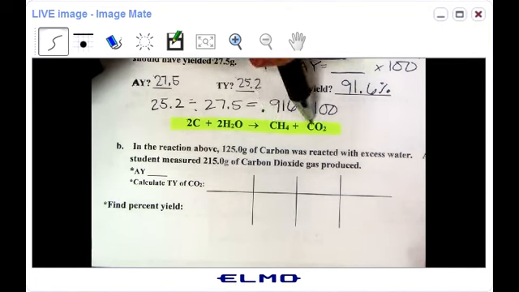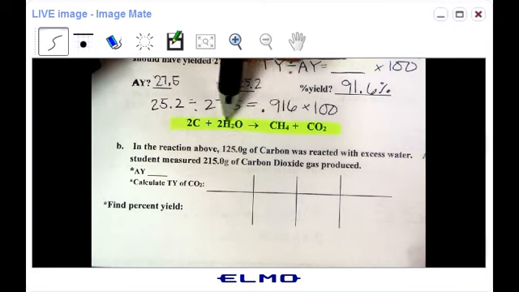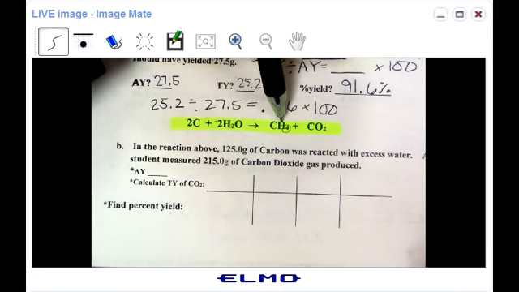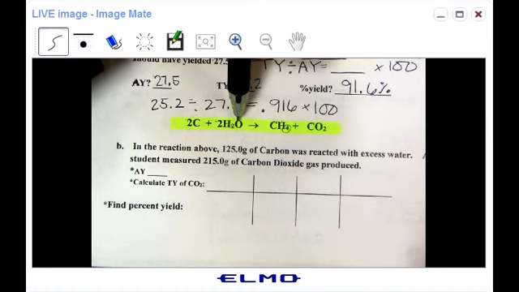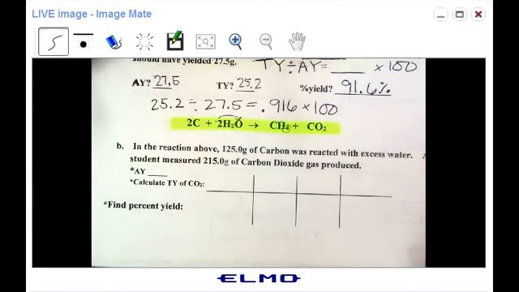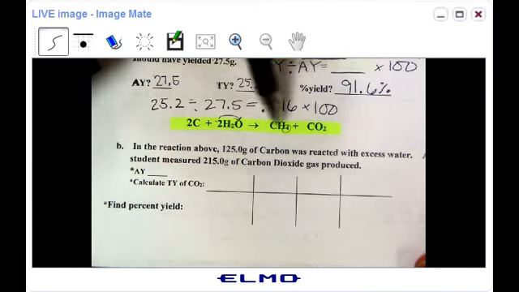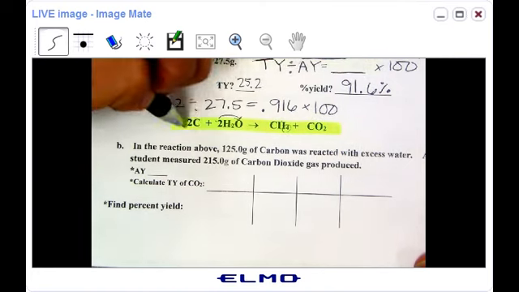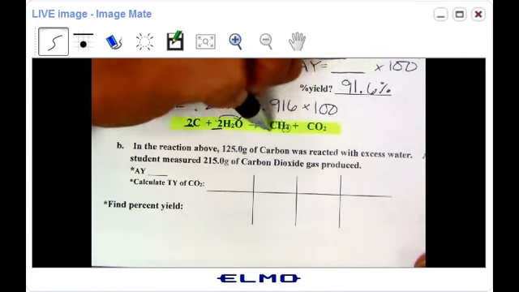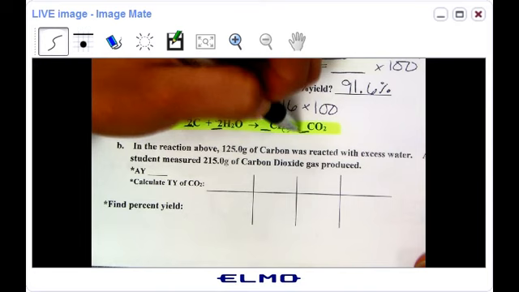So you have 2 carbons over here as well. I have 4 hydrogens. I have 4 hydrogens on this side. And I have 2 oxygens because this 2 goes for this oxygen as well. Okay, so balancing means you're comparing both sides. So these coefficients are correct. You could just put a 1 here.